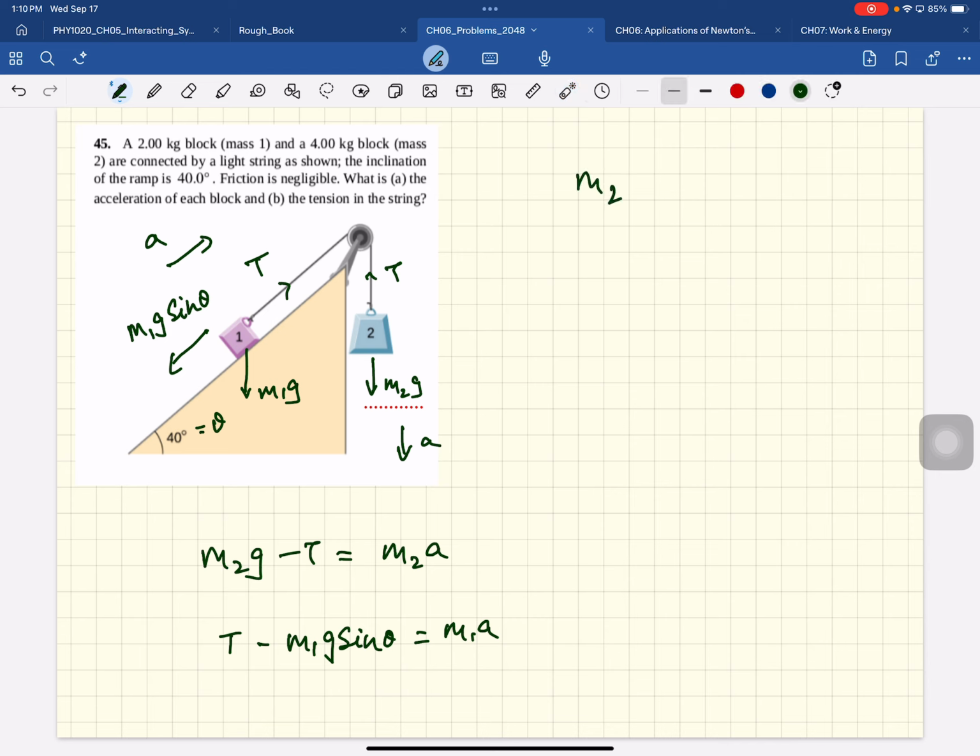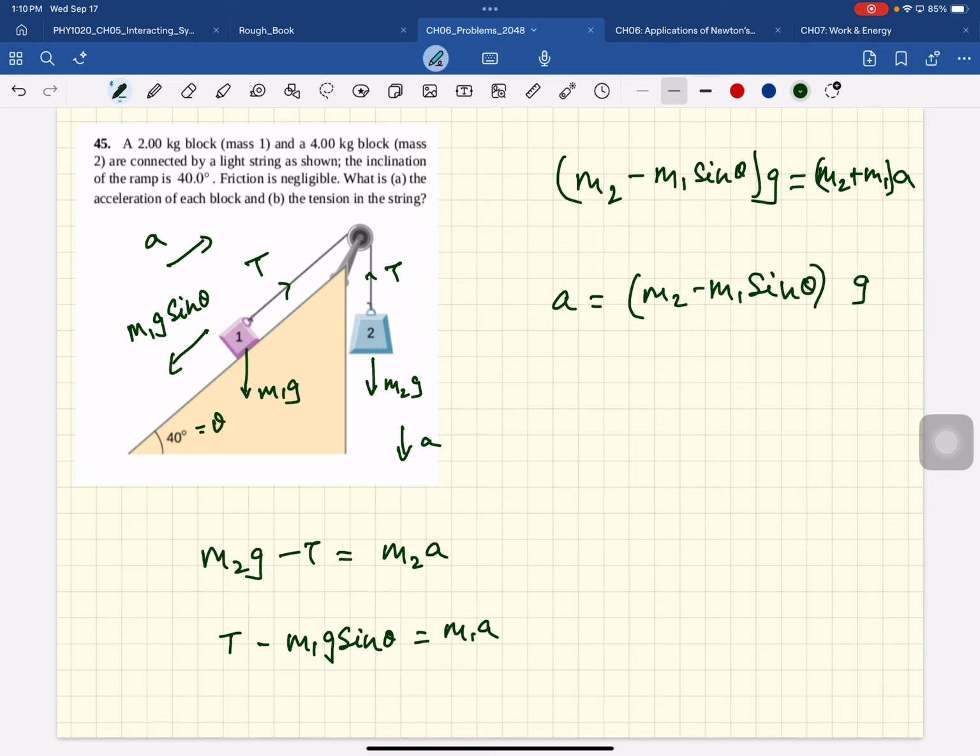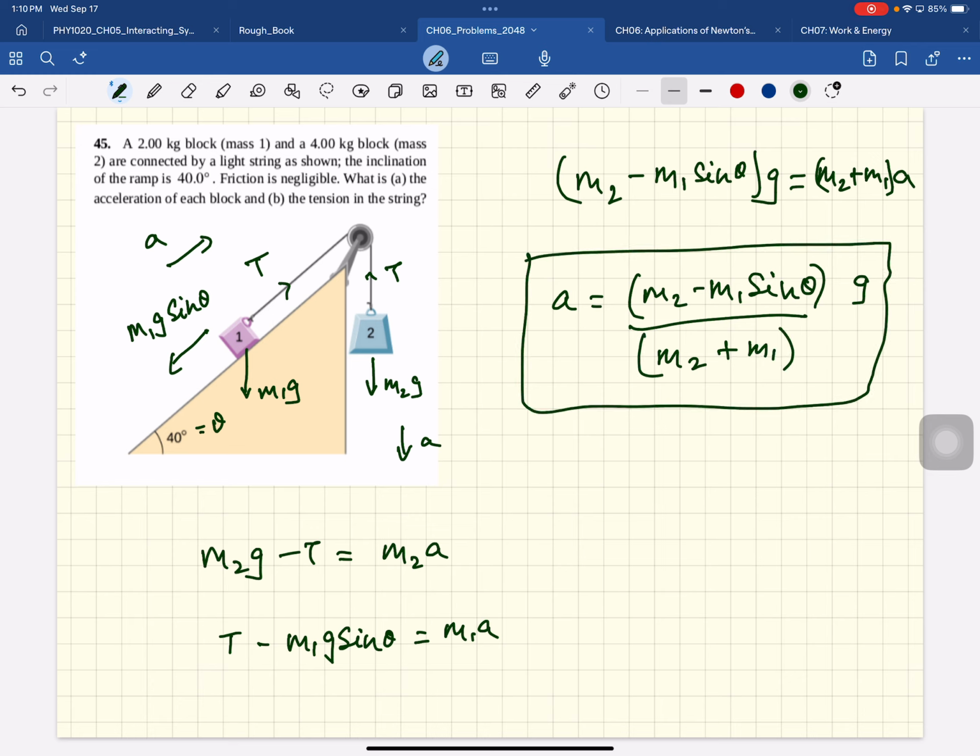So M2 minus M1 sine theta, times g, equals M1 plus M2 times A. So A is M2 minus M1 sine theta, over M1 plus M2, times g. Here's the expression for the acceleration of this block up the incline and the acceleration of this guy.